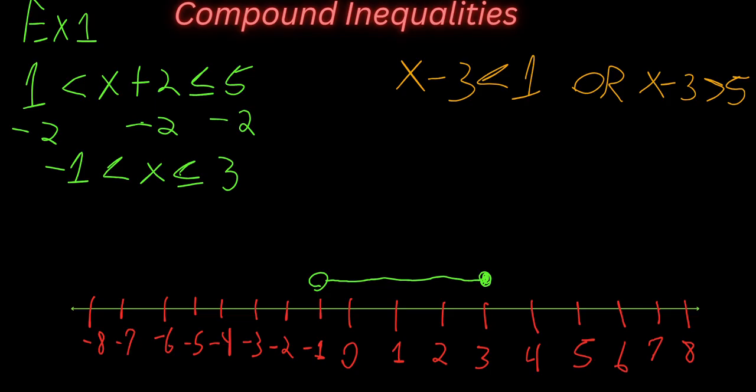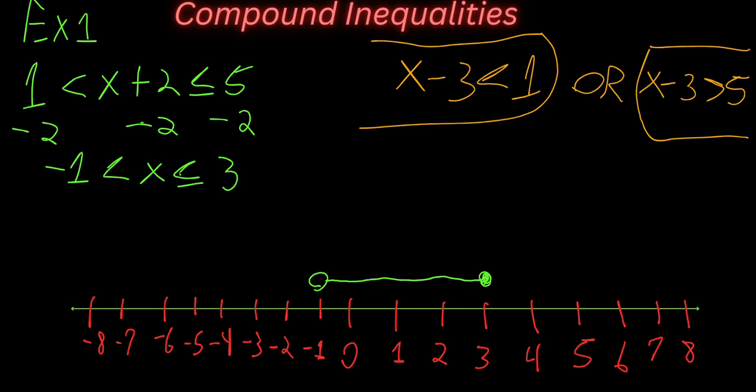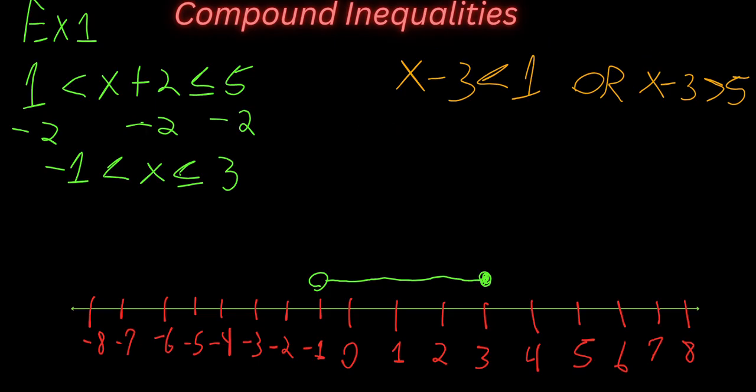So now we have two separate statements. Okay, these are two separate statements, so don't get confused with the previous rule I told you. If you subtracted 2, you must do it to every side. Well, now you have two separate statements. An OR statement is two separate statements. So it's valid.